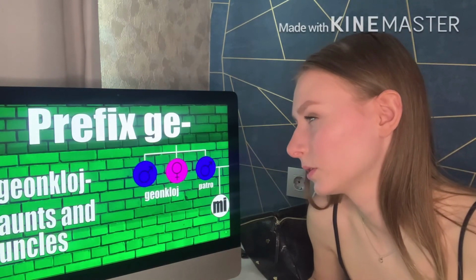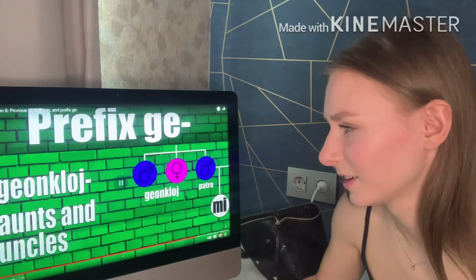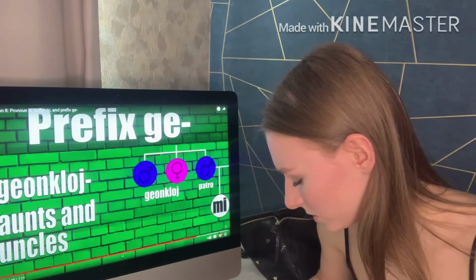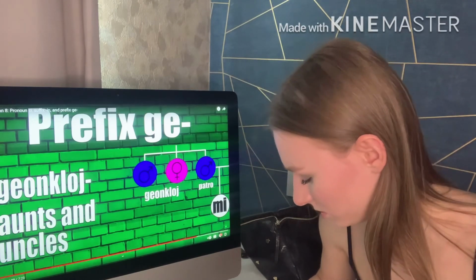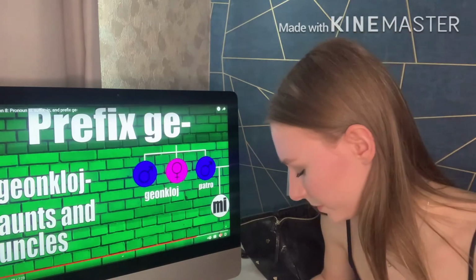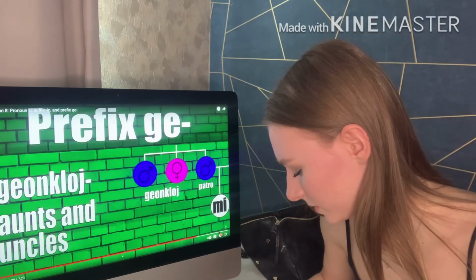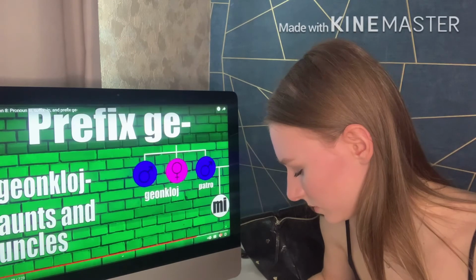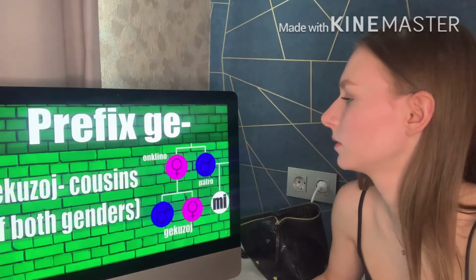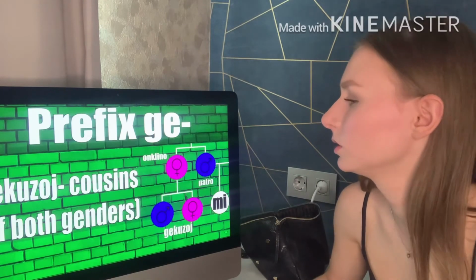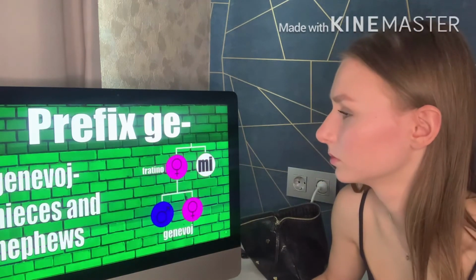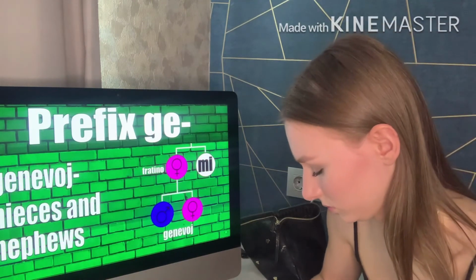Geonkloj means aunts and uncles. Gekuzoj means cousins of both genders. Genevoj means nieces and nephews.